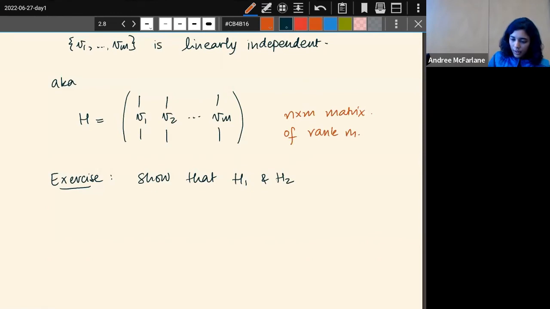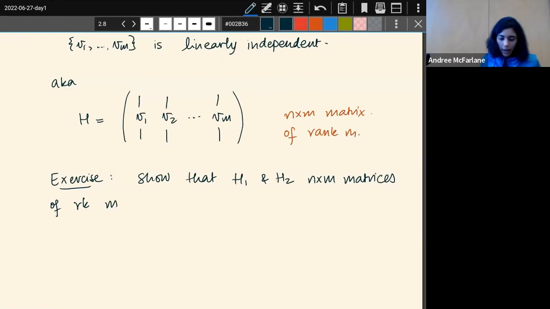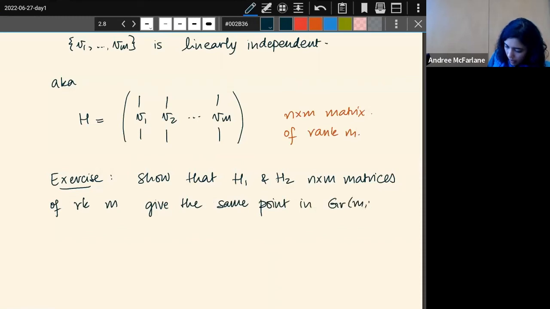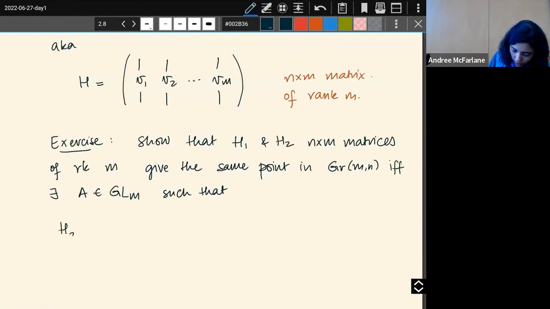Okay, so if I have two n by m matrices of rank m, and I want to know whether or not they give me the same point in the Grassmannian, show that these two give the same point if and only if one is a change of basis of the other, and I can write that by saying there is some matrix A in GL m such that H2 is H1 times A.